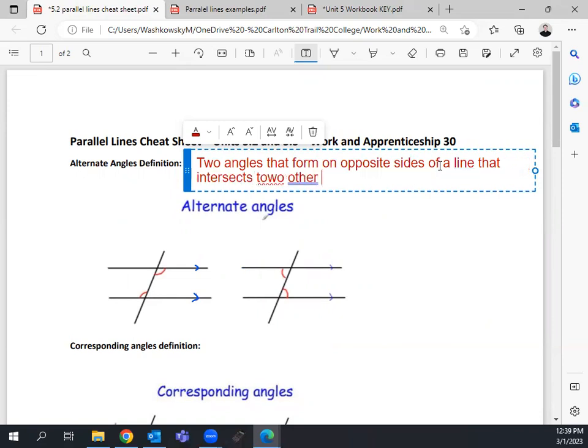I'll show what that means in a second. And these are equal. I know that's kind of a mouthful, and I'll explain what that means in a second here.